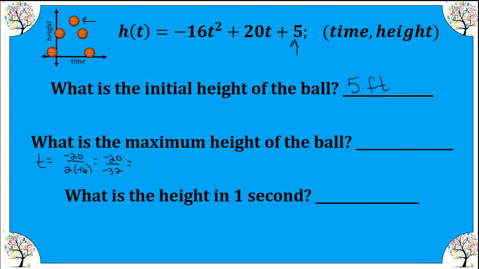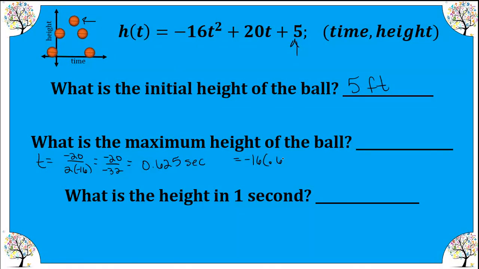And we don't need to be rounding too much because our numbers are going to be very small because we're talking about seconds here. So when I divide this, we get 0.625. So that is seconds. So it takes this amount of seconds, not even just a little bit over half a second, to reach the maximum height. Now we're going to plug this into the function.